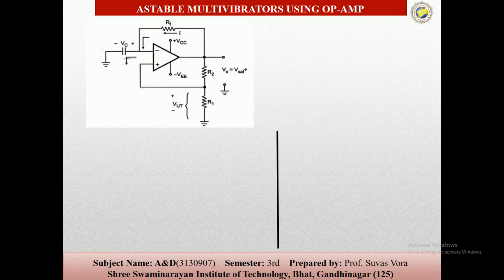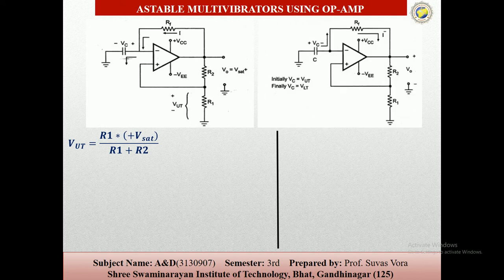The first, when V0 is the positive saturation, the feedback voltage is called the upper threshold voltage. So the equation is VUT is equal to R1 into +Vsat upon R1 plus R2. And the second one is when V0 is the negative saturation, at that time the lower threshold voltage is given.